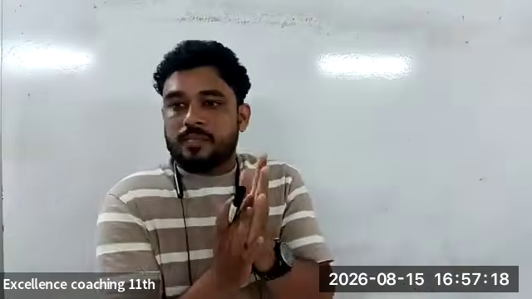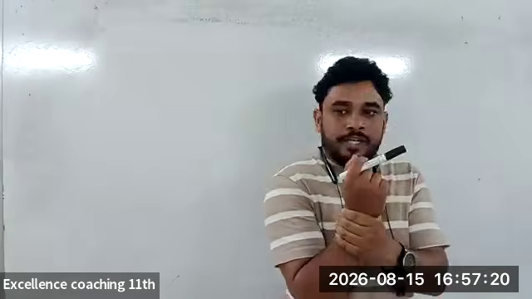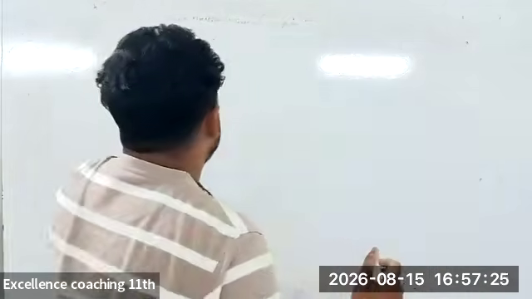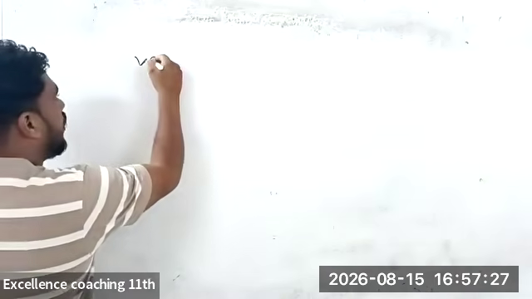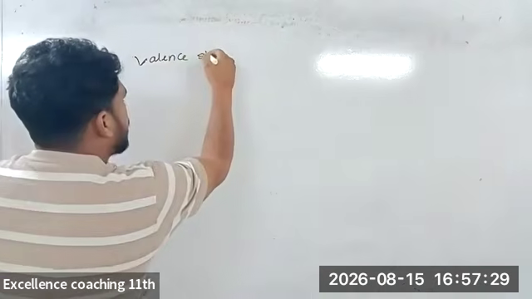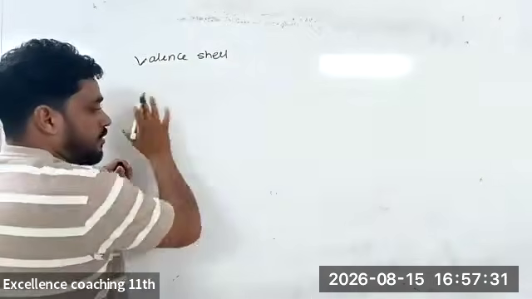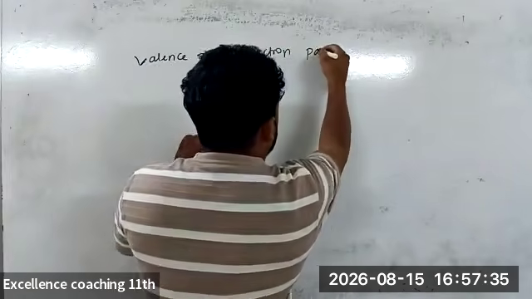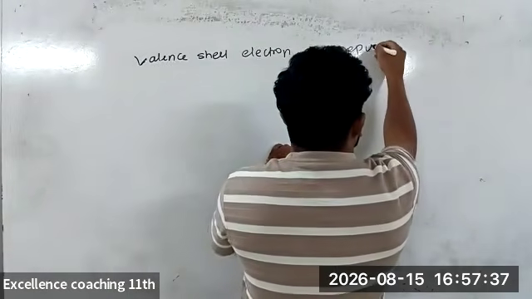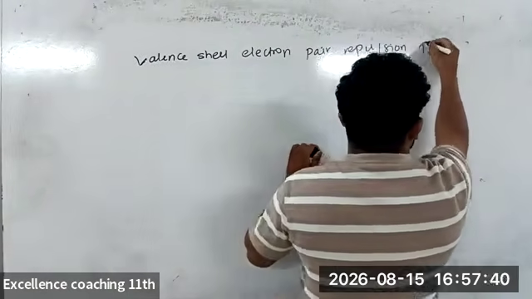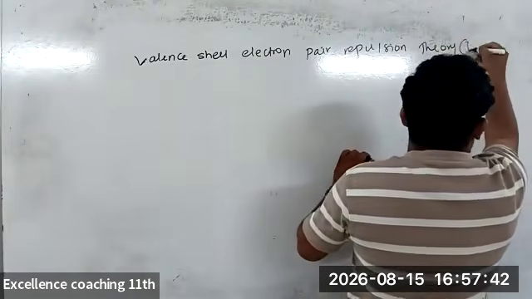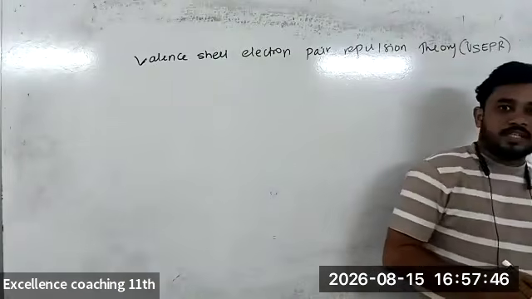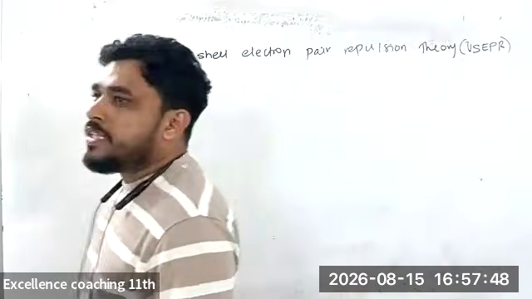Okay, we start. The very important heart of this chapter is the concept of valence shell electron pair repulsion theory. See the name and how big it is. VSEPR is a very big concept, but easy to understand.